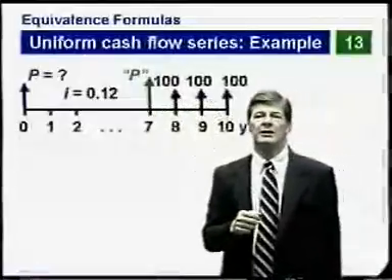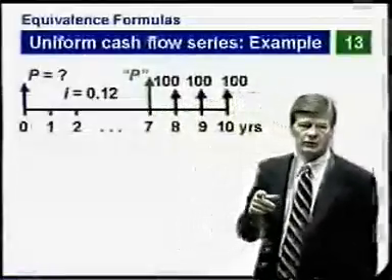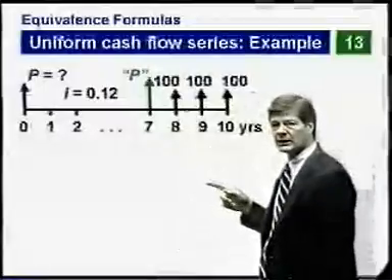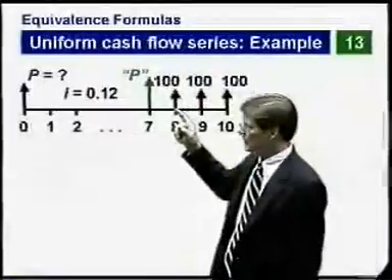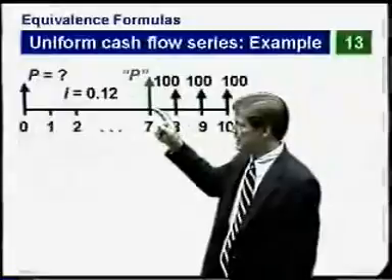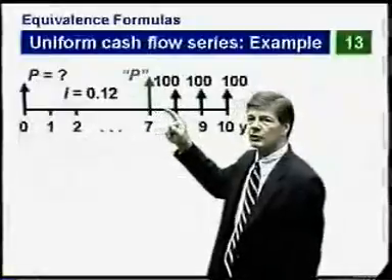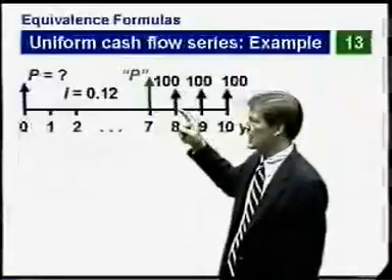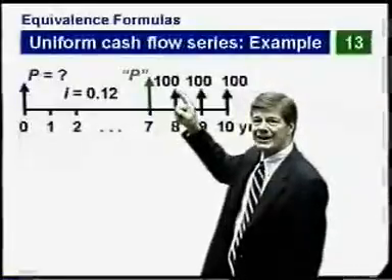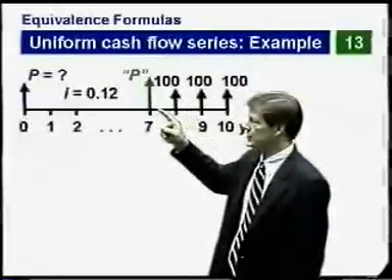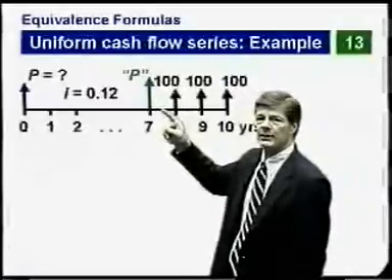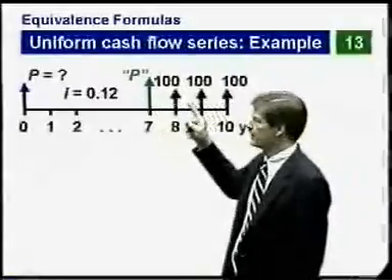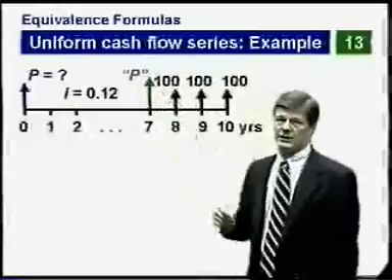And again, bear in mind, our equivalence model for the uniform stream, when we calculate that present worth, gives us a present worth at the beginning of the first period of time. And the first period of time here goes from 7 to 8 because this $100 occurs at the end of period 8. So we will calculate a present sum for this cash flow stream as of time 7.